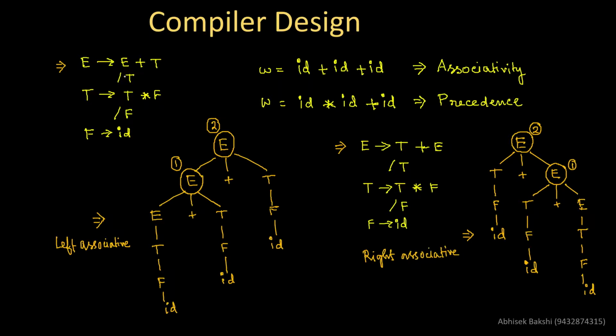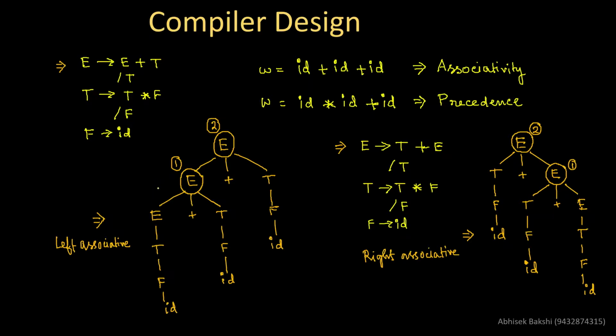So if the symbol that is present in the LHS of a production rule is the same as the leftmost character of the right hand side part of the same production, then you can say that that particular production will create a left associative rule.